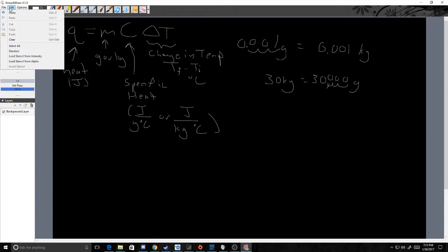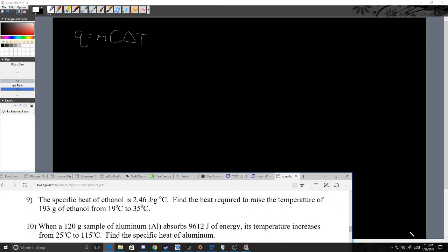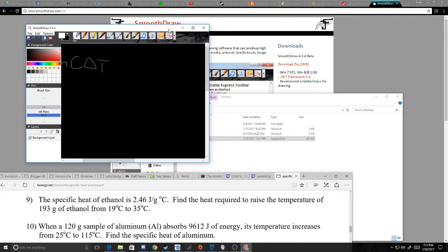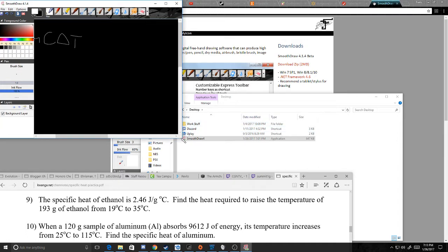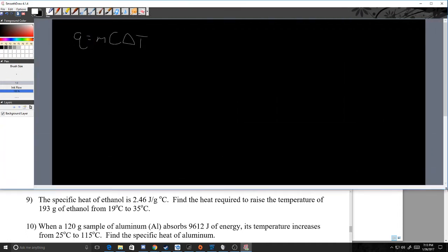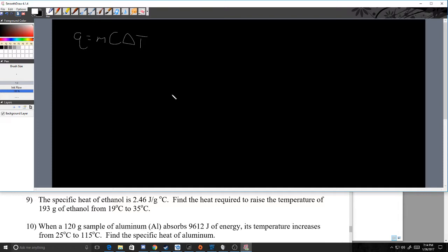All right, so let's take a look at a couple of examples here. I am going to put Q equals MC triangle T up there and keep it. Question number 9 asks: the specific heat of ethanol is 2.46 joules per gram degrees Celsius.